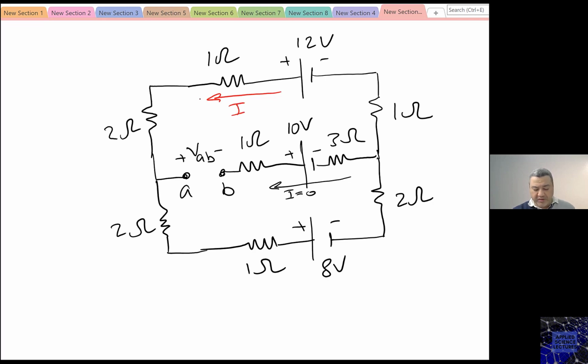And now this current is the same going all the way, right? Because it is one loop only. So the current has to go in the same direction.